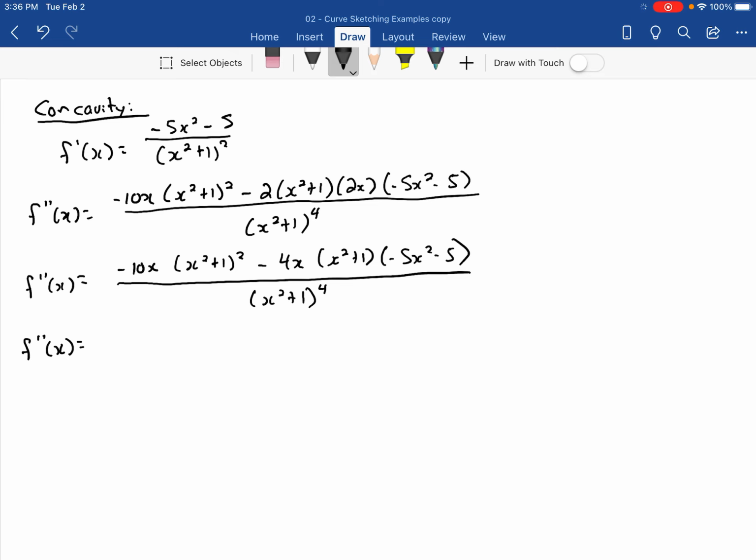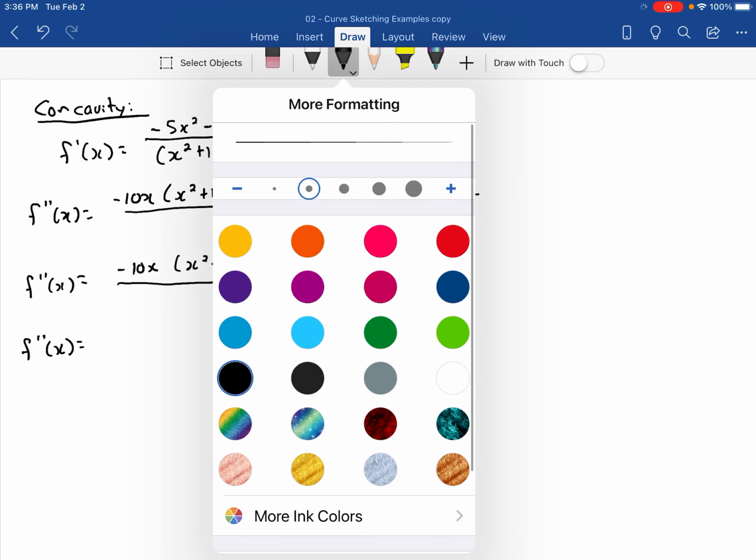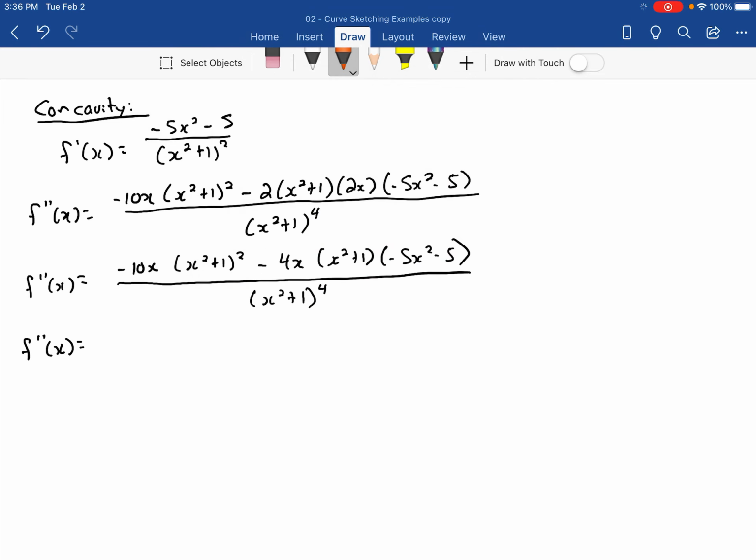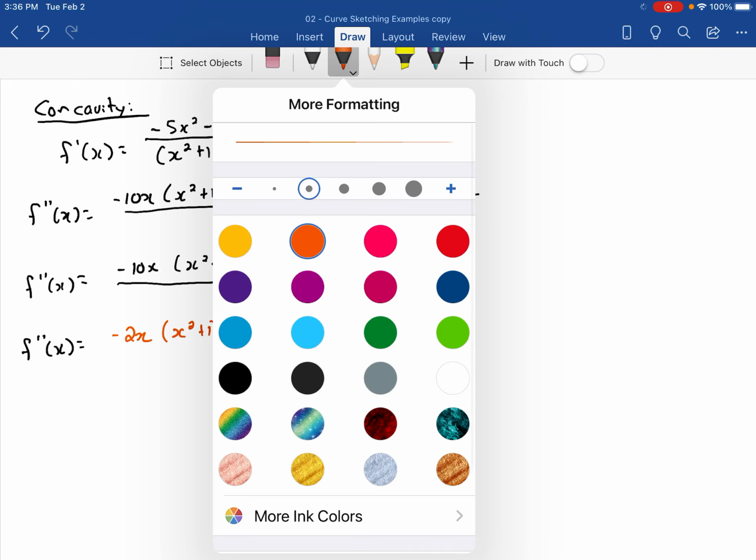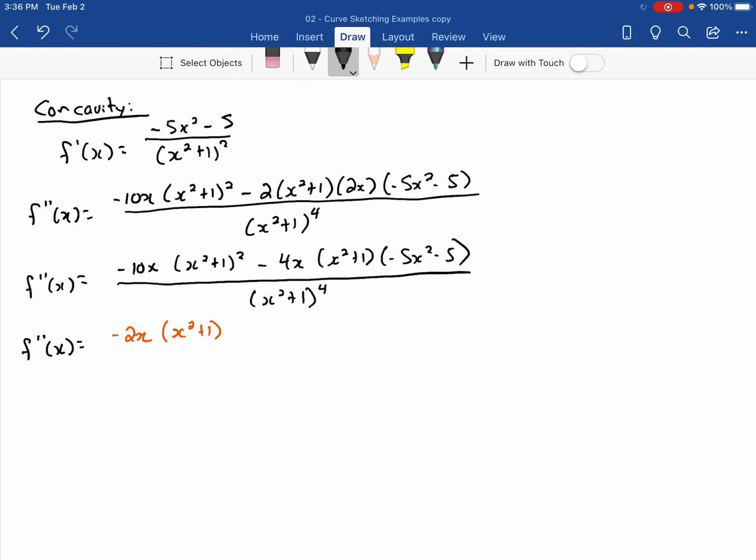I'm going to switch over to an orange and go, okay, the common factor here, I see a negative 10x and a negative 4x, so I'm going to common factor out a negative 2x. And then I see this x squared plus 1. It's squared in the first bracket, but there's only the 1 in the second bracket, so I'm going to factor out x squared plus 1 in the second bracket. So there's the common factor.